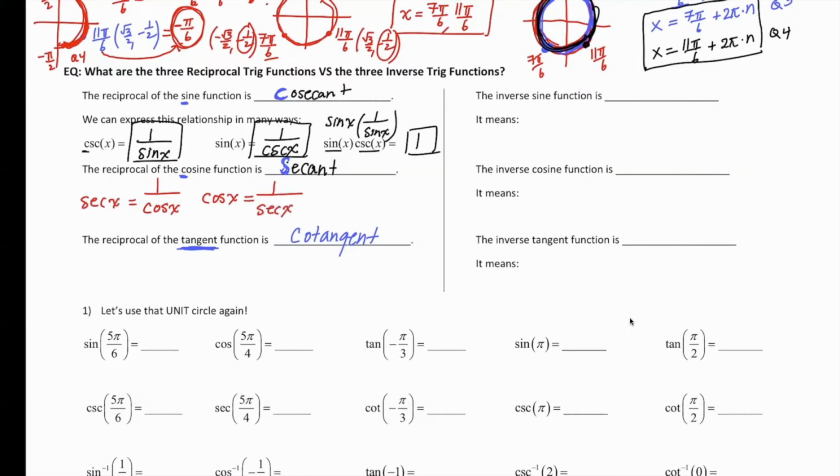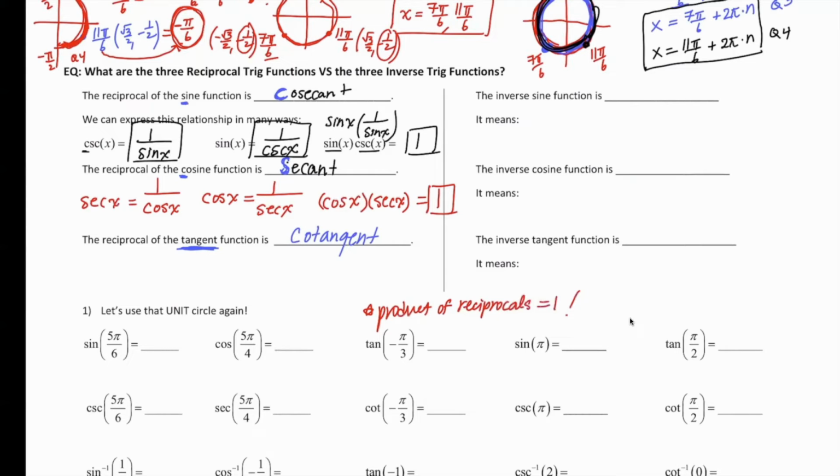And that means if you multiply cosine and secant together, then this is also equal to 1. Just got to remember that multiplying reciprocals together is always going to be equal to 1. And I'll write it here. Product of reciprocals is always equal to 1. Okay.